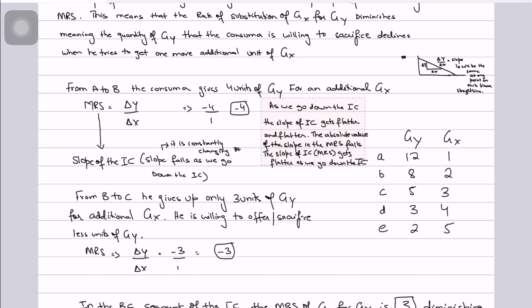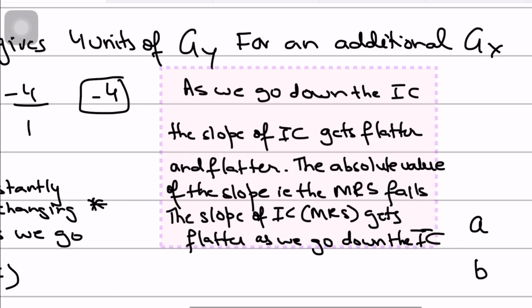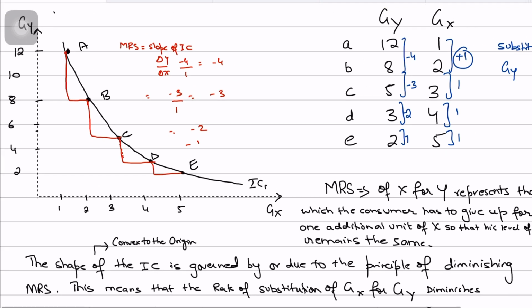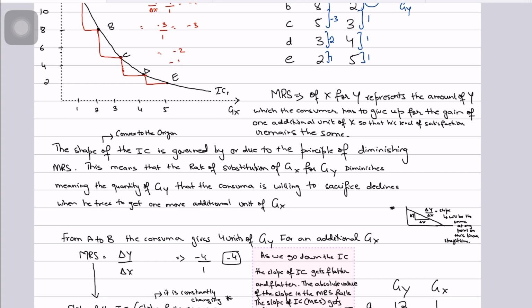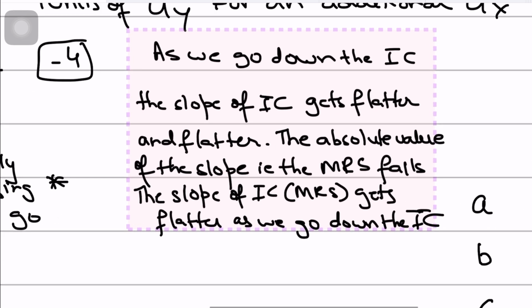So हमें क्या नज़र आ रहा है, as we go down the indifference curve, the slope of the indifference curve gets flatter and flatter. ये slope उसकी देखें flatter होती जा रही है. ये जो convex का shape है ना, ये जो convex shape आ रहा है bowed inwards, ये उसकी slope को flatter कर रहा है. Slope flat हो रही है. And the absolute value of the slope, that is the marginal rate of substitution.